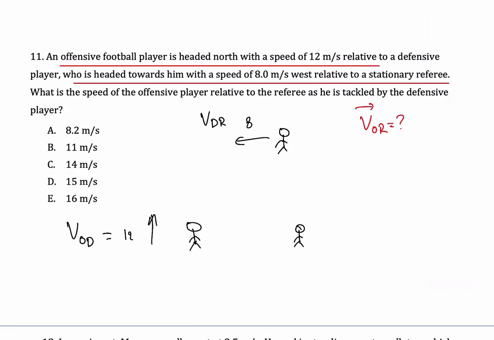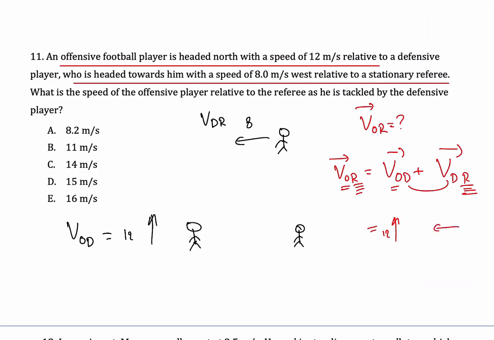Now, probably the question will be with Pythagoras theorem, but in order to find the speed offensive referee, we need to add the speed offensive defensive plus the speed defensive referee. Again, we need to have the first letter first, the last letter last, and the two letters in the middle common. So offensive defensive is 12 up, defensive referee is 8 to the left.